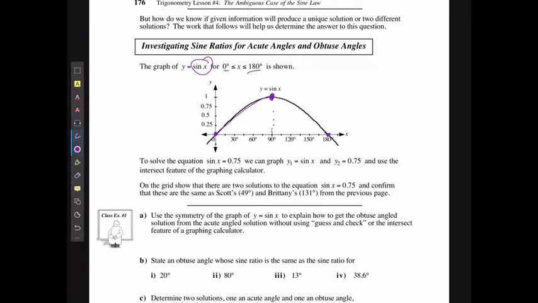Now, because it's going from 0 up to 1 and then back to 0 for my y values, I have 2 points for the 0.75. I have the two possible angles that are an equivalent distance away from 90 degrees.